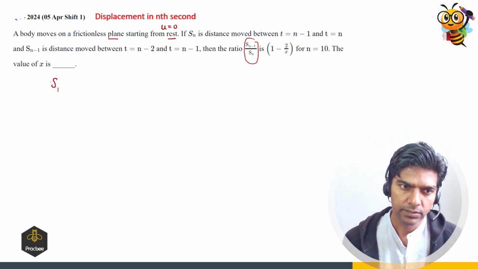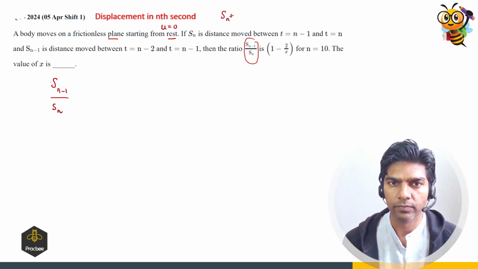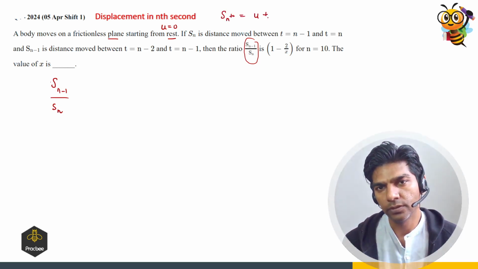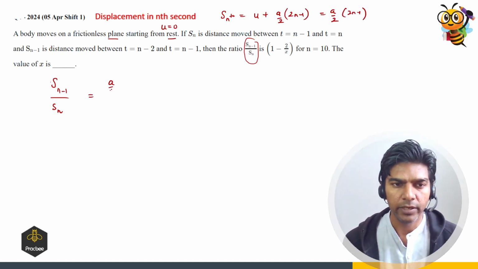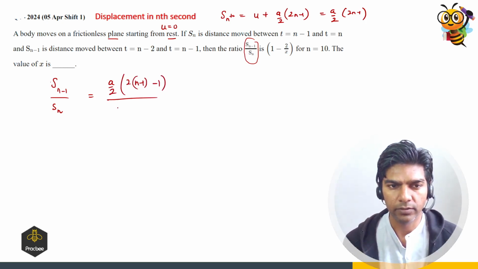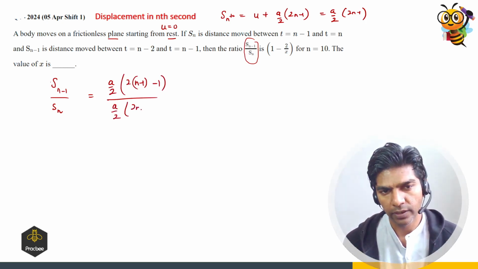So Sn minus 1 upon Sn. Here I am going to use the Snth formula, which is u plus a by 2 times 2n minus 1, and u is 0, so it will be nothing but a by 2 times 2n minus 1. So it can be written as a by 2 times 2n minus 3 divided by a by 2 times 2n minus 1. So a by 2 will get cancelled out.